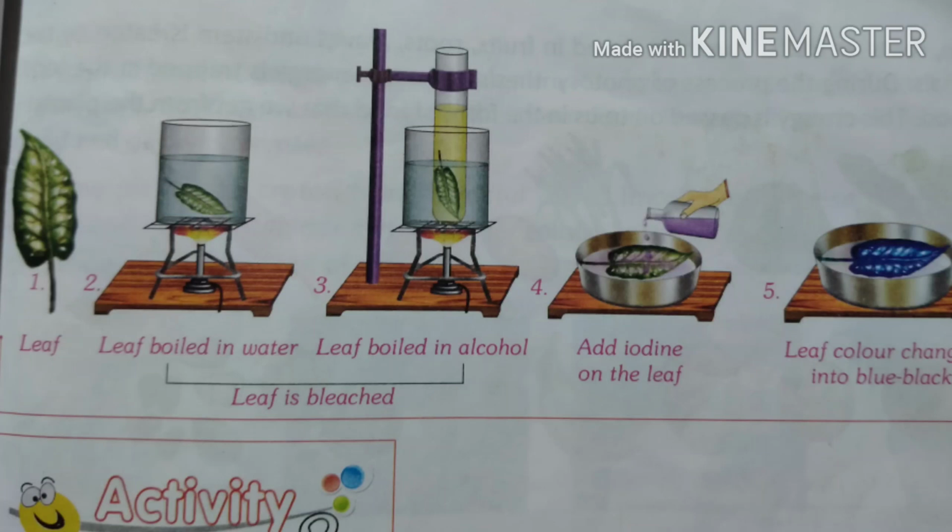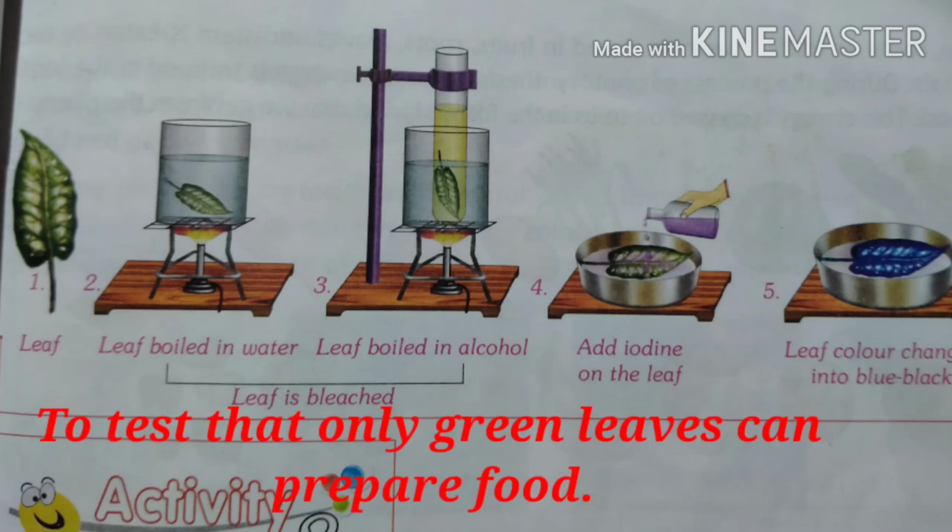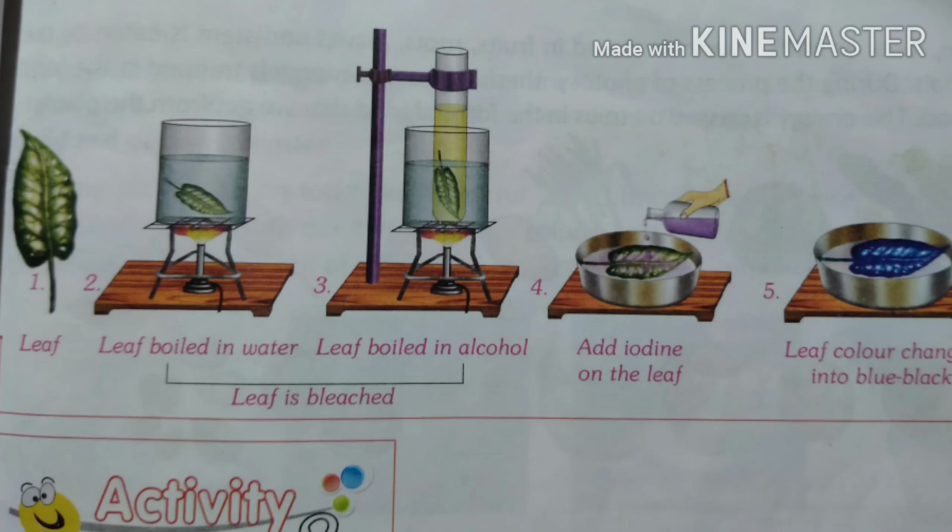Let's see the activity. The first activity is to test that only green leaves can prepare food. So firstly, take a leaf. It has two colors on it.